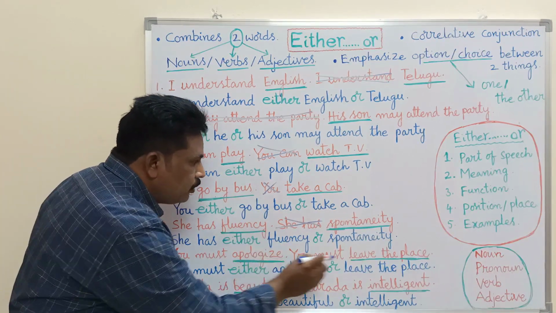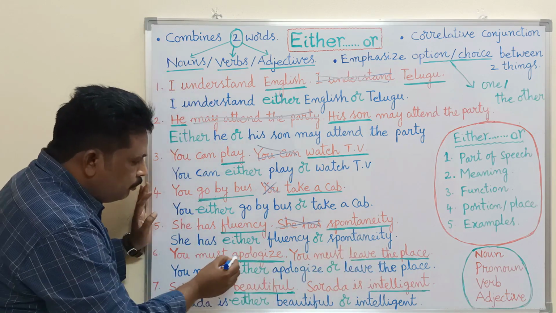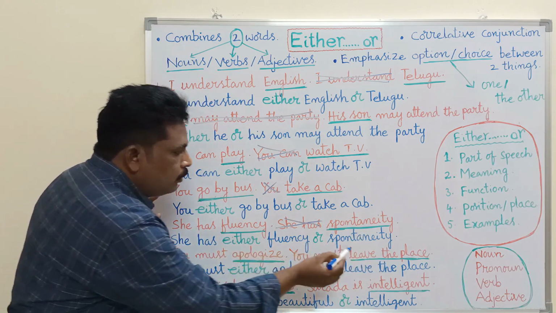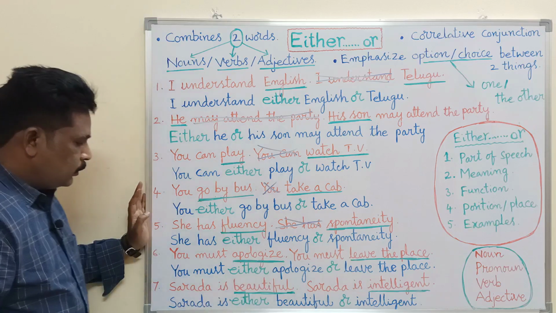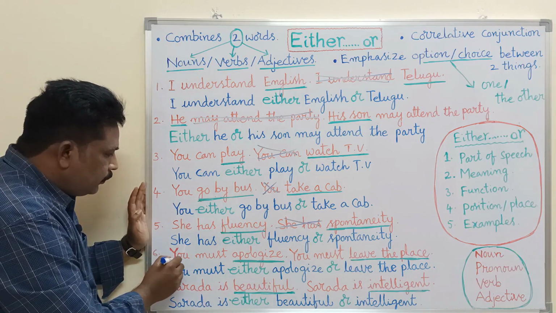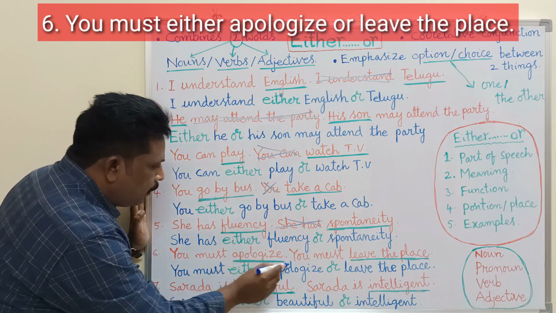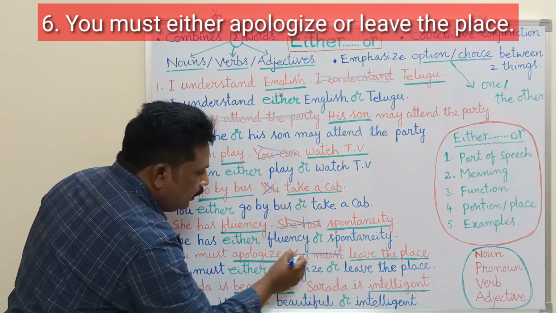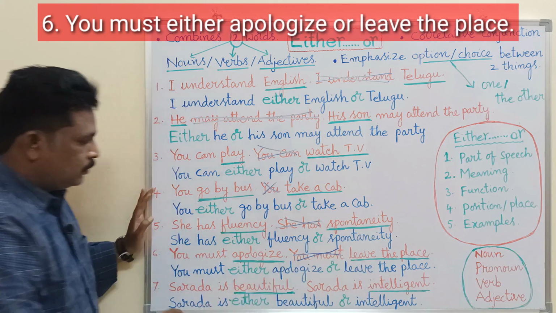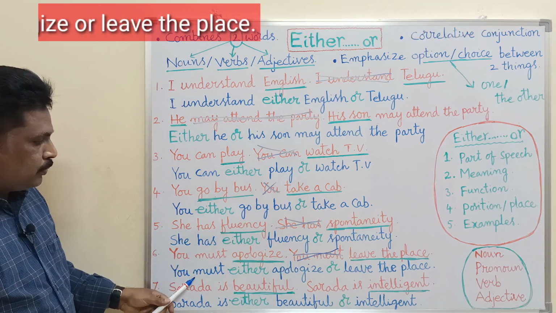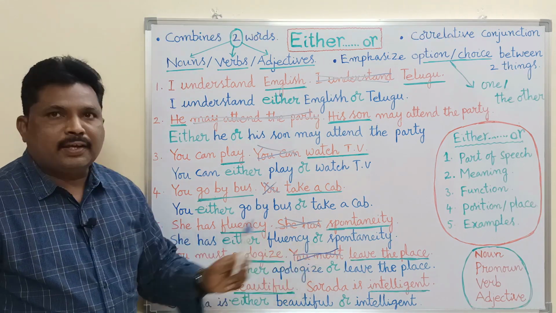The verb apologize is different, leave the place is different. So before apologize use either, before leave the place use or. So you can begin the answer: you must either apologize or leave the place. We have taken the first "you must" and avoided the second "you must".